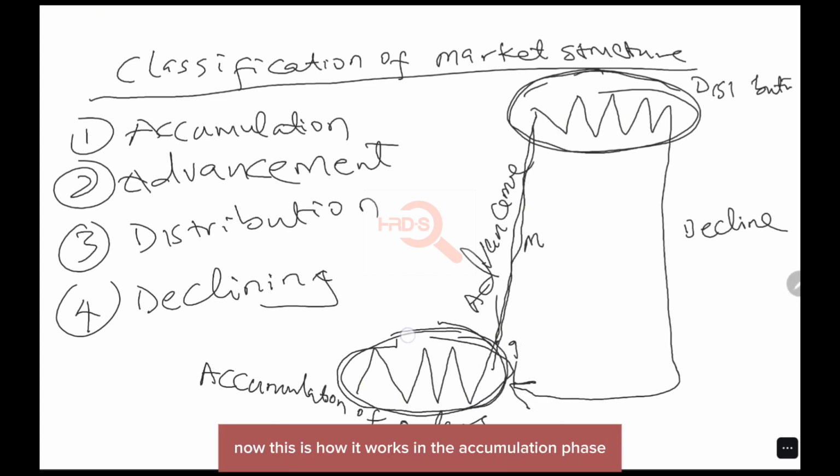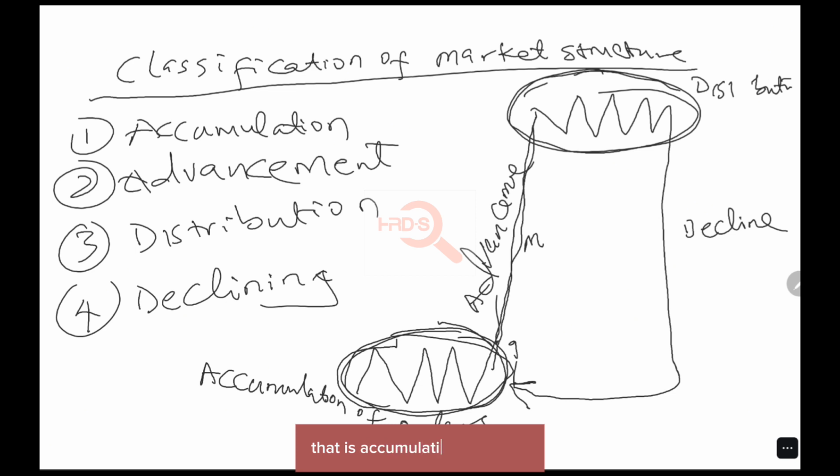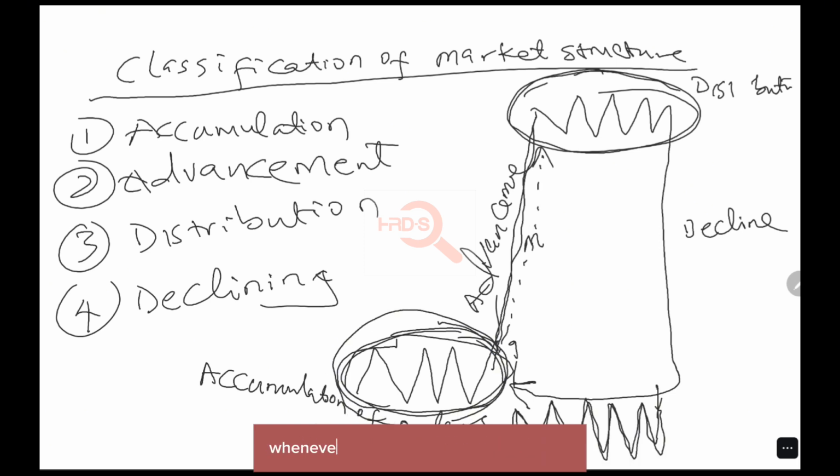In the accumulation phase, that is accumulation of orders, it means that for that very asset, financial asset, investors are still pulling their money together at this phase of accumulation. Whenever you see this kind of movement, I want you to understand it in a real life situation.